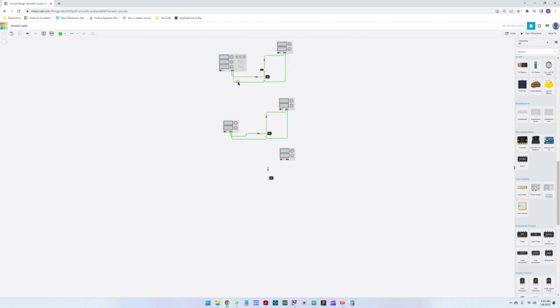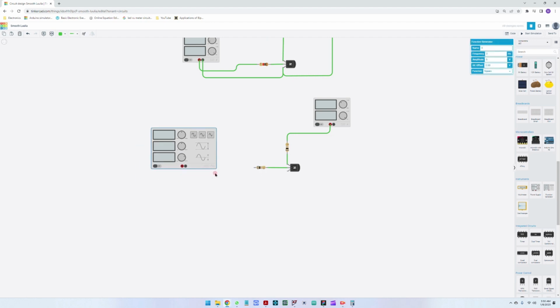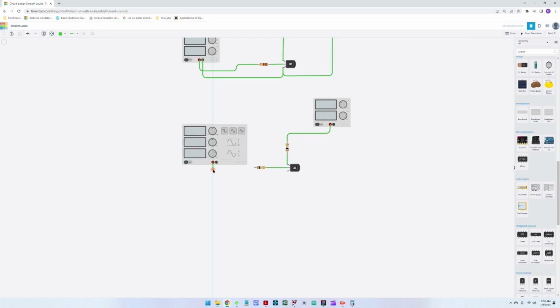Let us take a signal generator, and let us take a base resistor here. Okay, let's connect everything together. So from the collector we go to the resistor and the power supply. To the base we connect the driving voltage from the power supply, from the positive line.